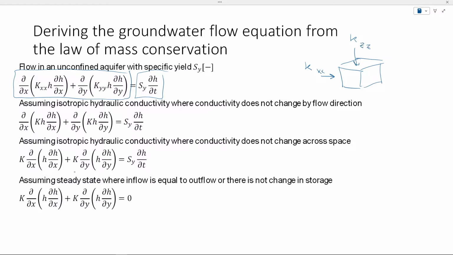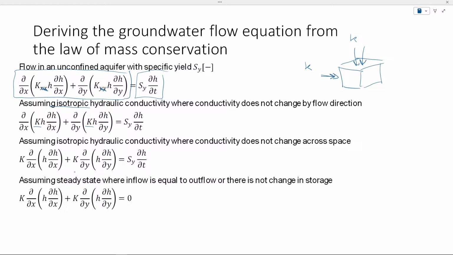But if my hydraulic conductivity is the same in all directions, then I could just get rid of this guy because it does not change by direction. If I measure the hydraulic conductivity in this direction and in this direction, I find the same. They don't change by changing the orientation. So this would be for an isotropic aquifer.